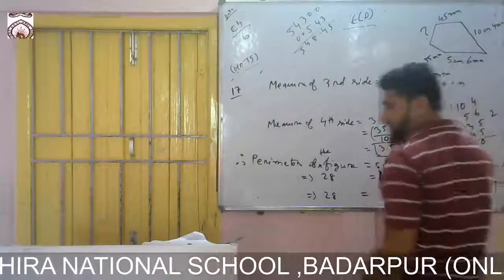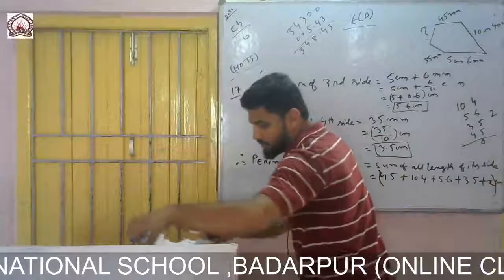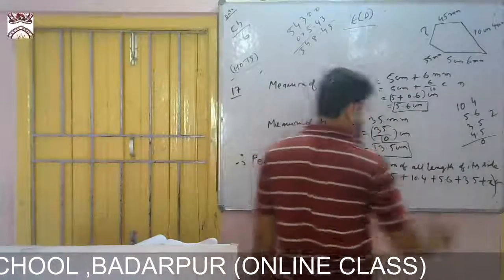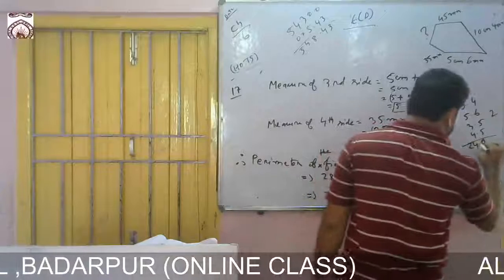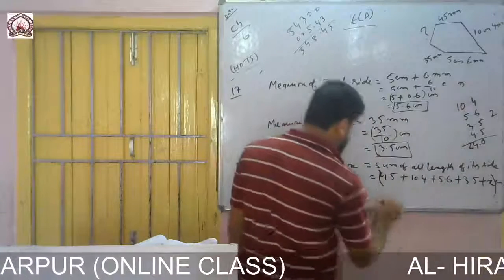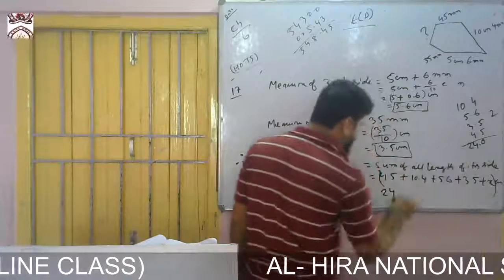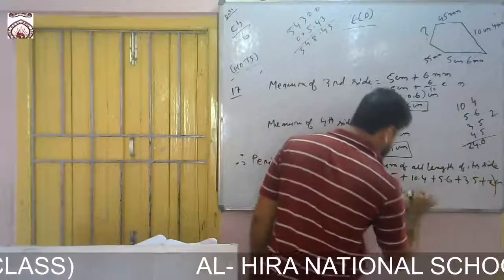So it is 24.0, which means 24 plus this x.